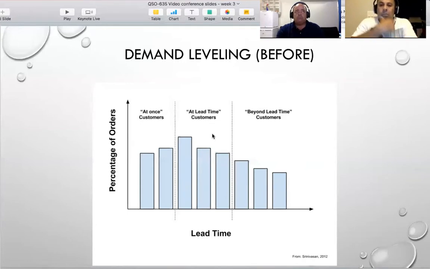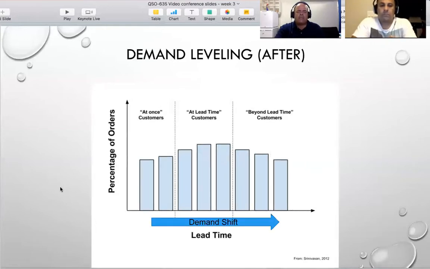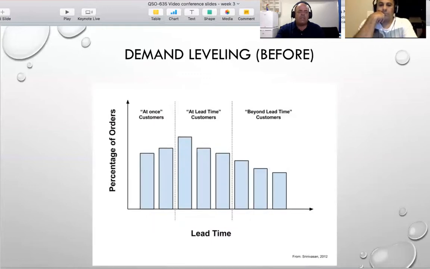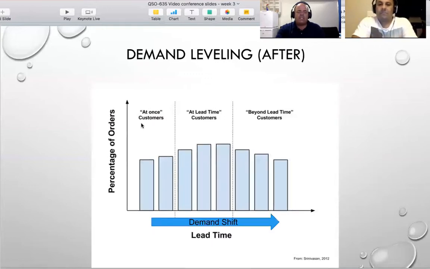Obviously lead time is subjective, but some people are more than willing to wait a little bit of extra time to get their product. So the goal of demand smoothing is you want to shift your demand as far into the beyond lead time as possible. I probably did a horrible job of showing a comparison, but basically you shift the at-once customers over to the other two blocks.